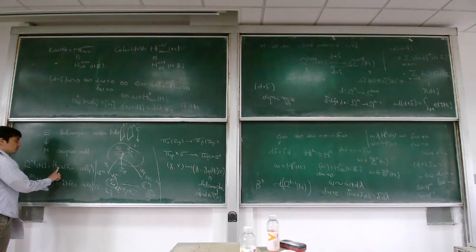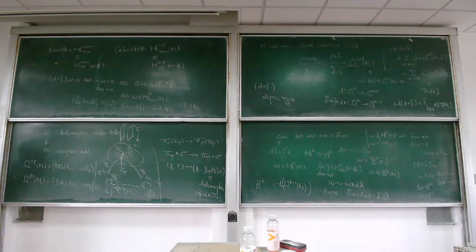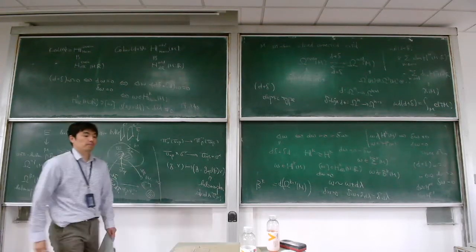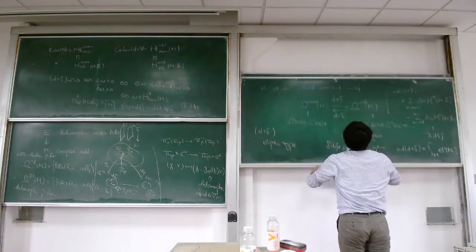Yeah, it should be z bar, and this only depends on z. Sorry. So this is the anti-holomorphic p-form, and this is the holomorphic p-form.